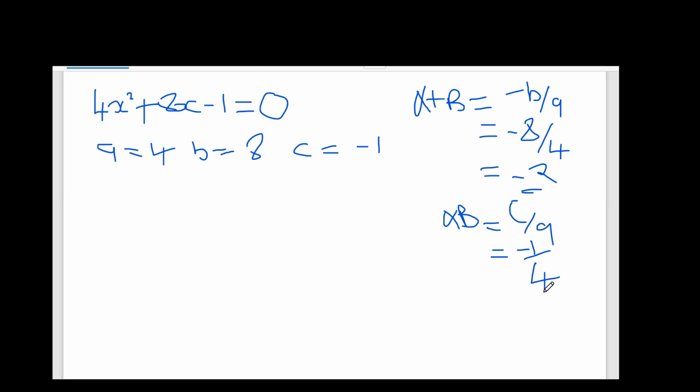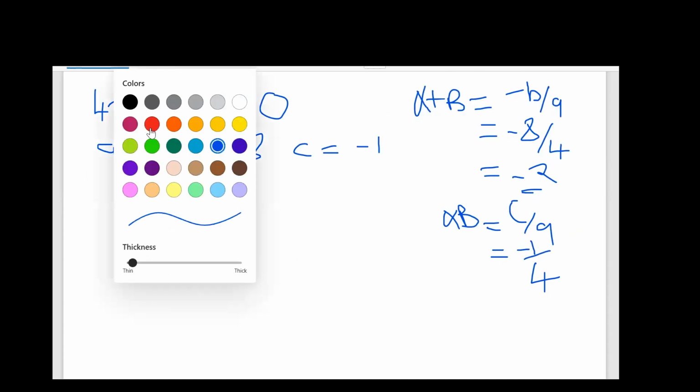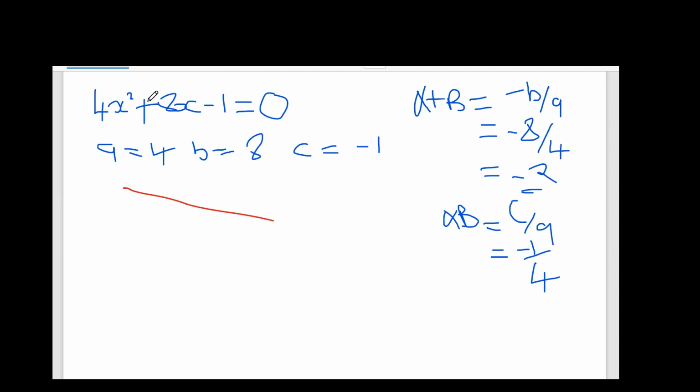So what next now? We are going to get these expressions, because they want us to find the values of this. We can't just find the values direct. We have to simplify this one, and we also have to simplify this one. That's when we can find the values. So let's simplify it. Remember, we have alpha to the power 3 beta plus alpha beta to the power 3.